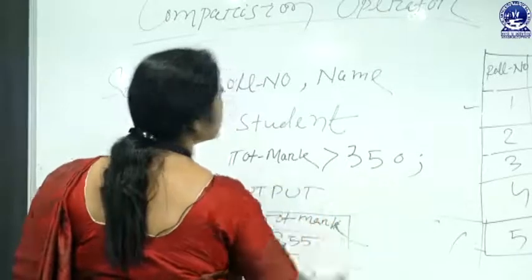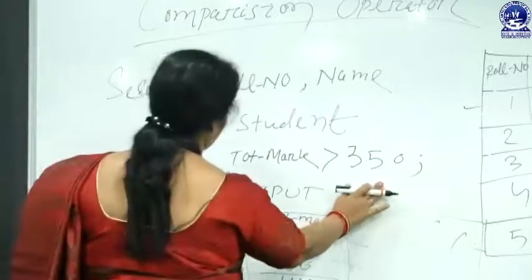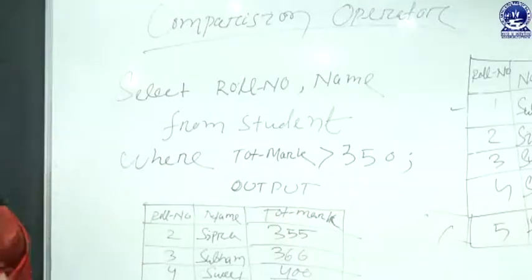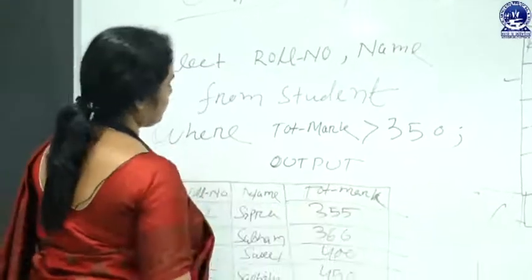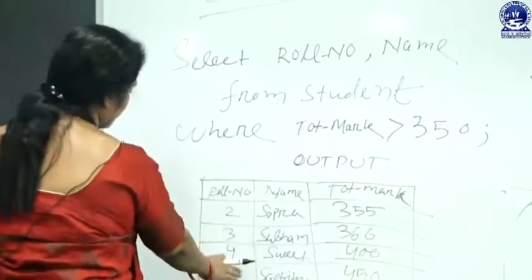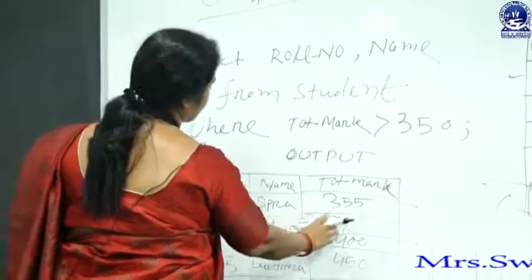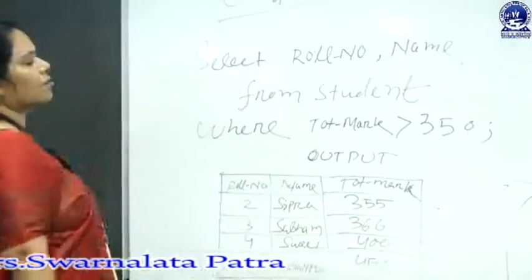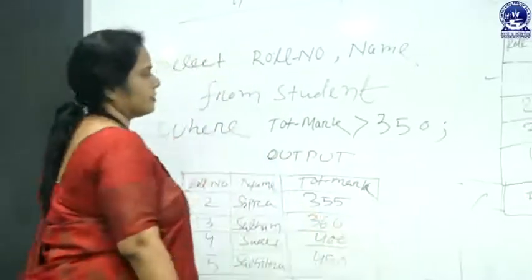This command displays only the students who have secured marks above 350. After executing this command, it will display roll number, name and total mark: roll numbers 3, 4, 5, names Shubham, Sweety, Sachitra, total marks 366, 400, 450.